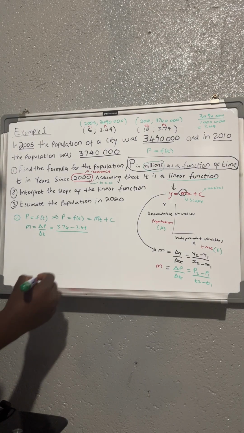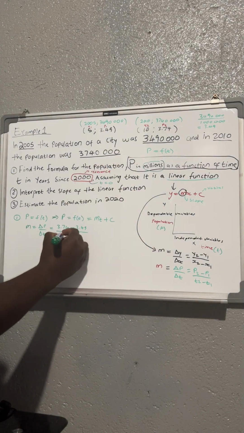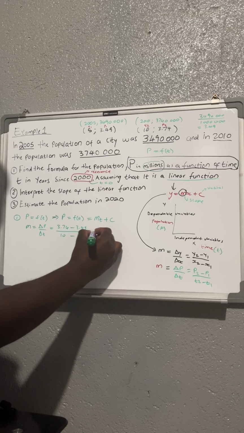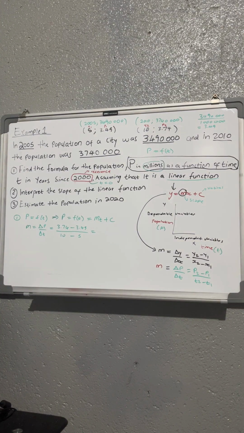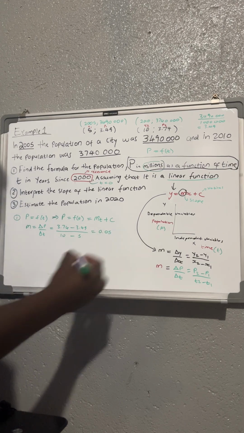Then we divide this by T2 minus T1, we have our 10 minus 5. So this is going to give us how much? This is going to give us 0.05.